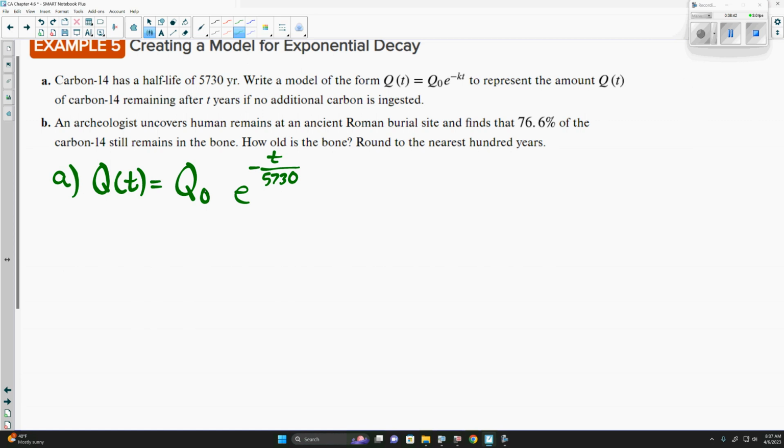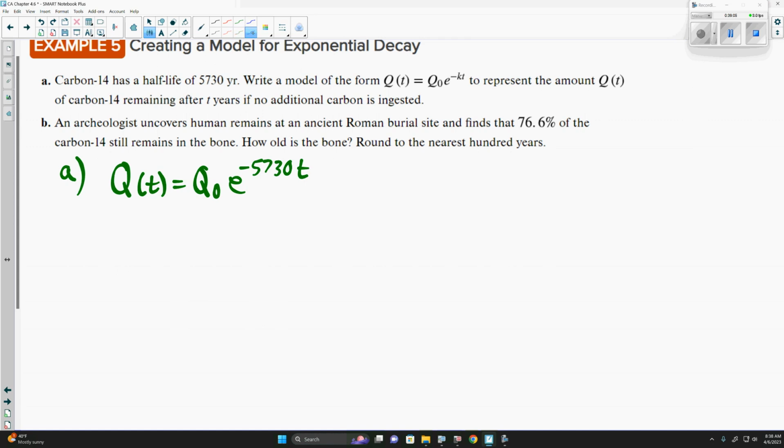Okay. This, I'm glad we went over this. e to the negative, it's actually going to be negative 5,730 T. Sorry, not T. Losing my mind.